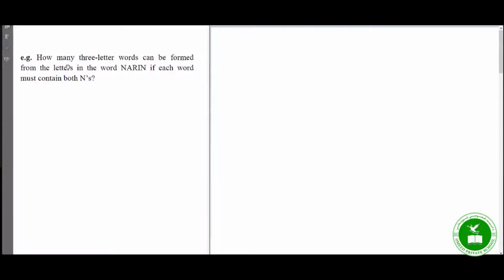Another example: how many three-letter words can be found from the letters in the word NARIN, N-A-R-I-N, if each word must contain both N's? It means from 3 letters, 2 of them must be N, and the other one can be A or R or I. In here, the total number is 3, so the permutation is 3 factorial over how many identical elements are there?